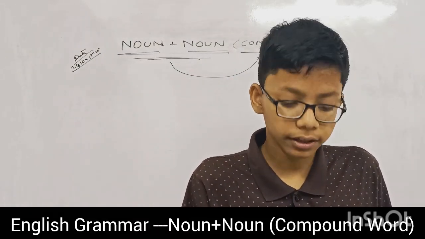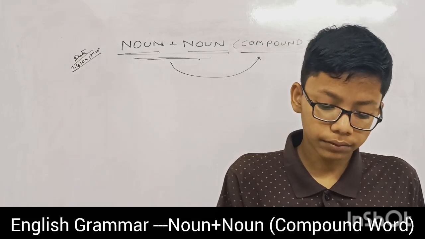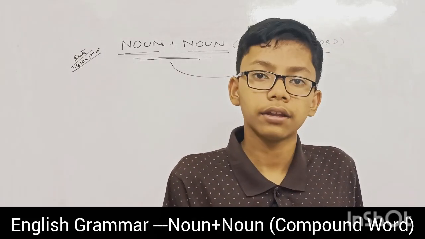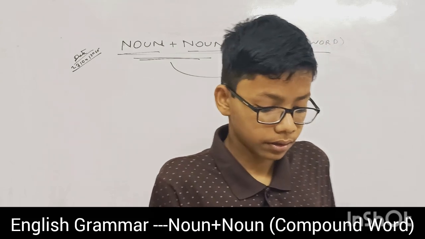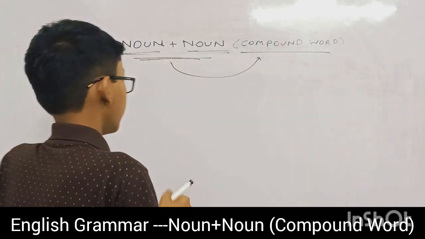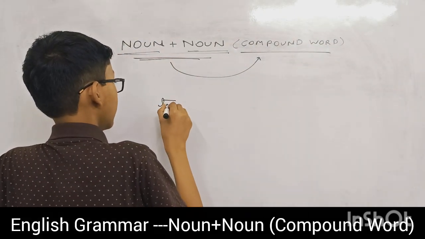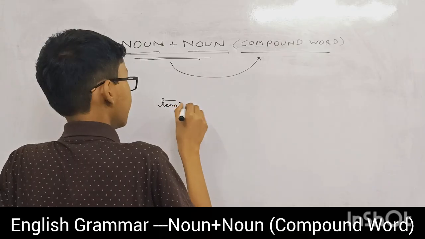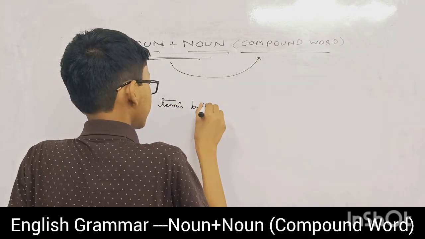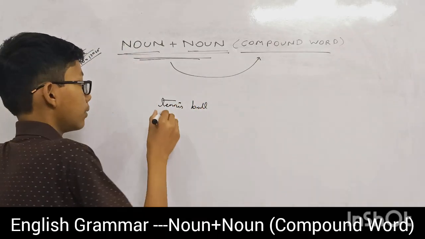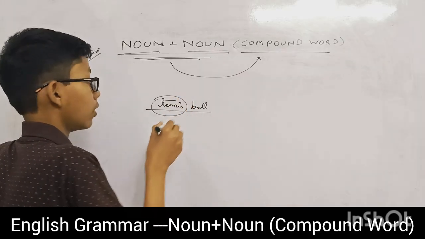The first noun is like an adjective. It tells us what kind of thing, person, or idea it is. The first noun in the combination can be used as an adjective. For example, again, tennis ball.